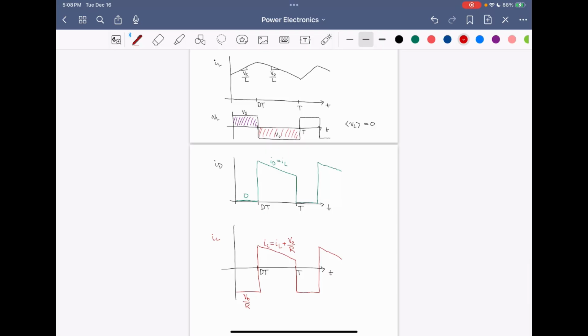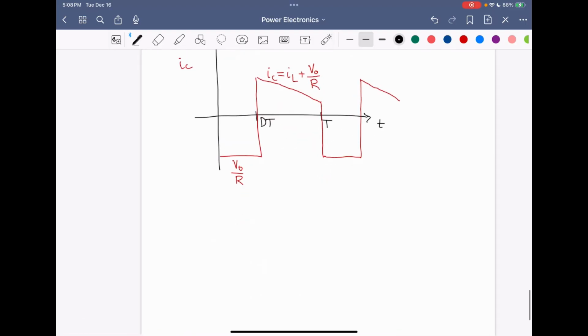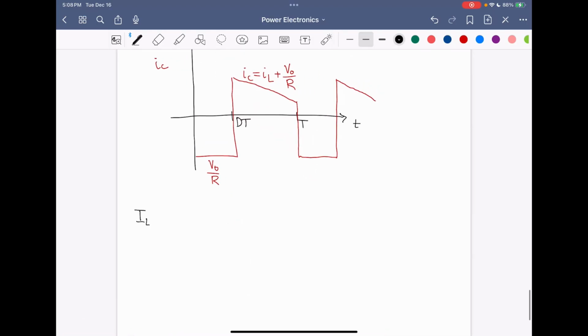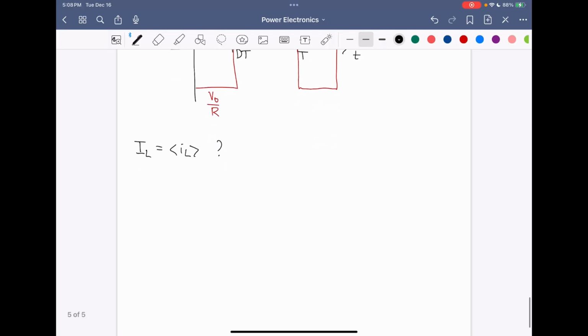Now, what about the average inductor current? What is big IL, or average IL, over a period? Well, we can find this by analyzing the output power and the input power. We know the power absorbed by the load must be the same as the power supplied by the source.